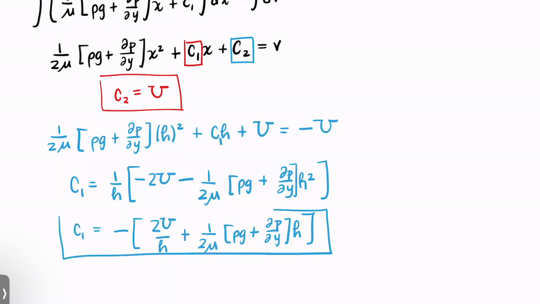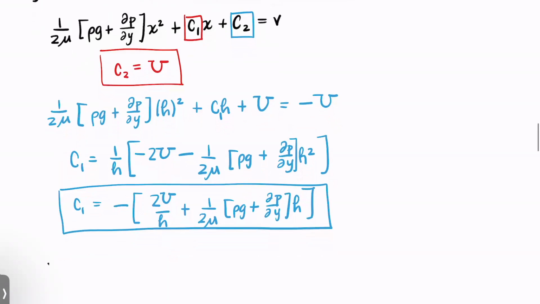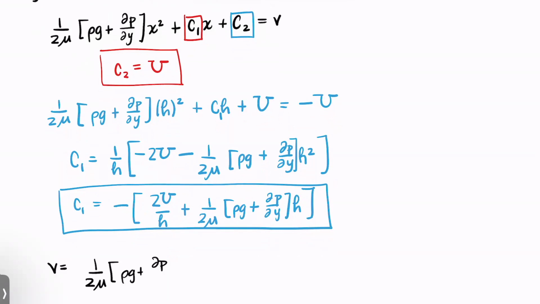Okay, so these are my two constants, and I am just going to put those back into my expression for v. I'm going to do a little bit of consolidation. I have a couple of terms that have this 1 over 2 mu, rho g plus partial p partial y hanging around, so I'm going to group those together. So I have x squared, and then I have minus H times x.